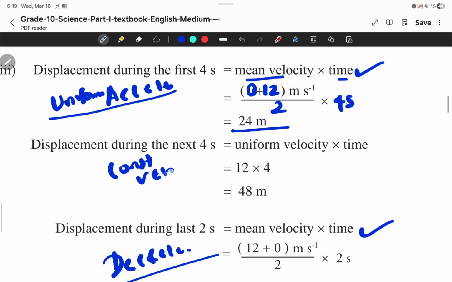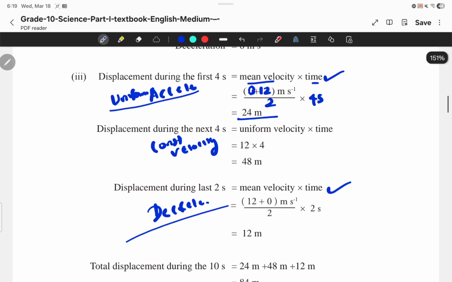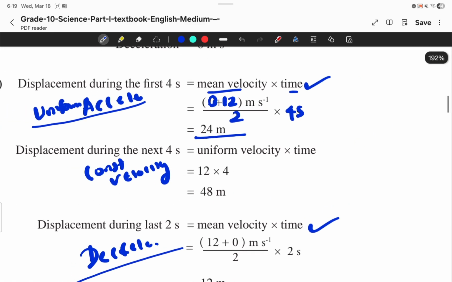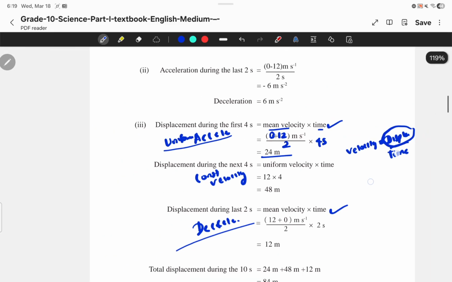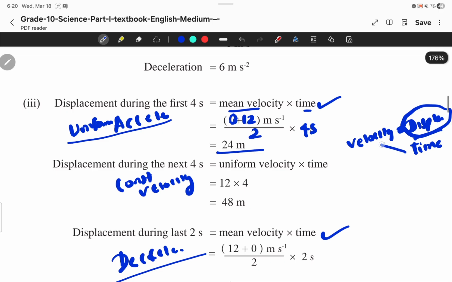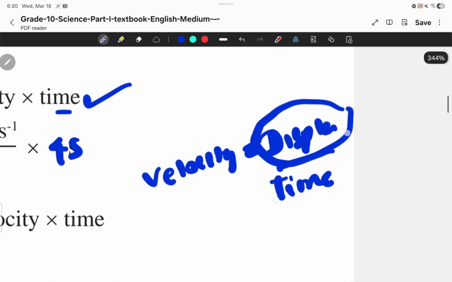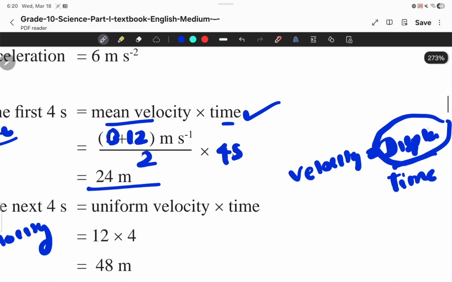And when it comes to the uniform velocity or constant velocity case, it's easy because velocity equals displacement divided by time, right? So if you want to calculate displacement, what you should do is cross multiply, or if you want to remove something from the denominator, you have to multiply both sides by it.